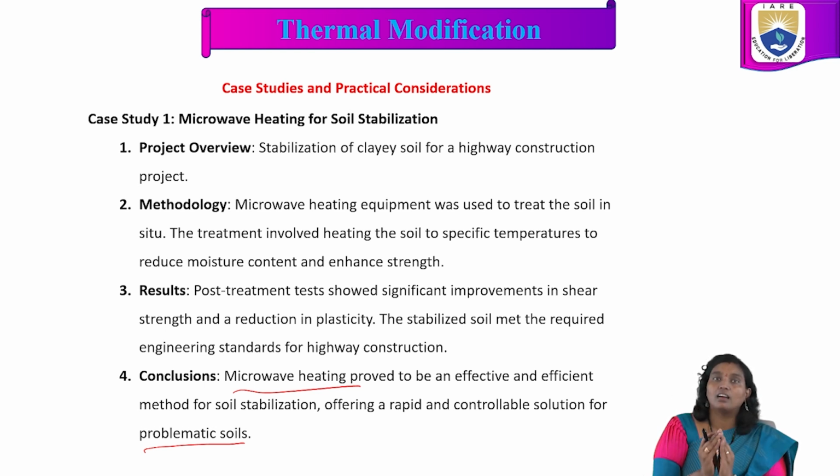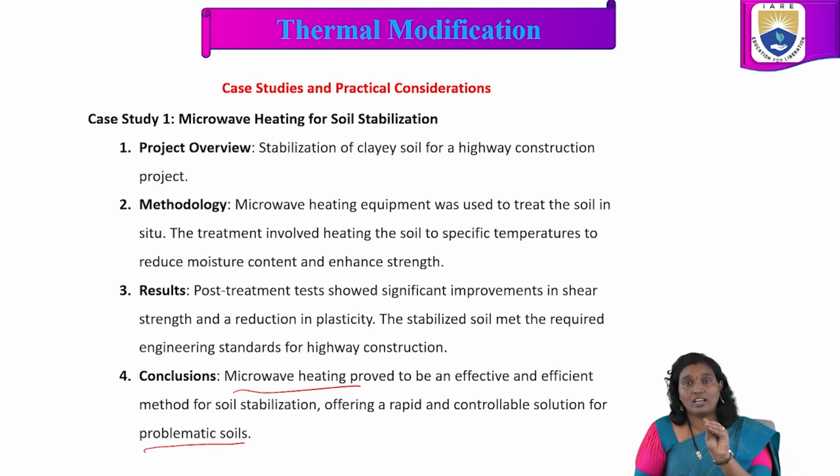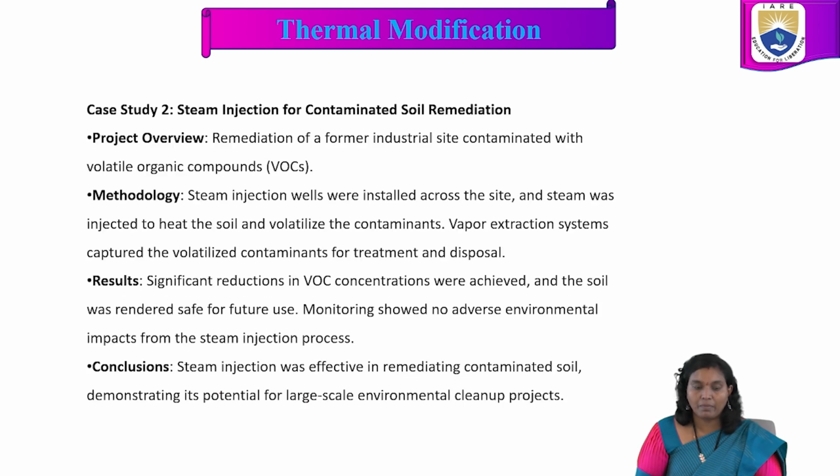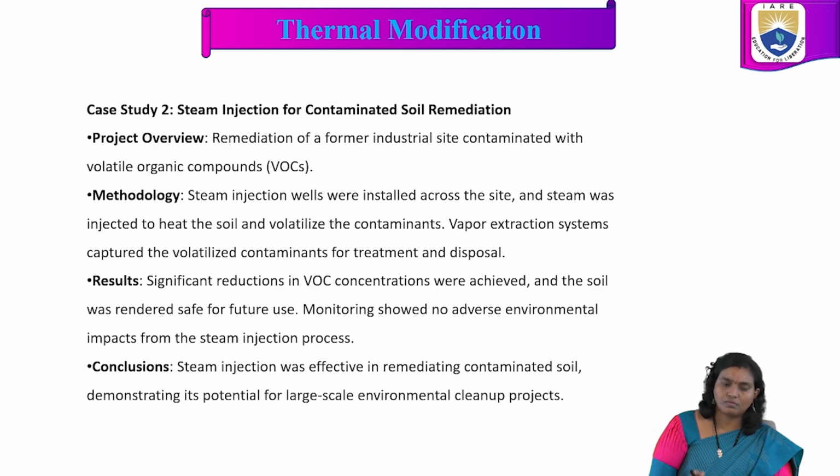It is in the same environment. So this is efficient for the soil stabilization and also effective. This is a rapid and controllable solution for this problematic soil as per the thermal modification.